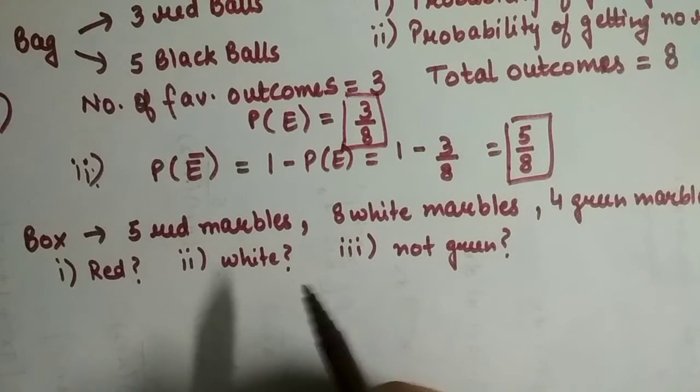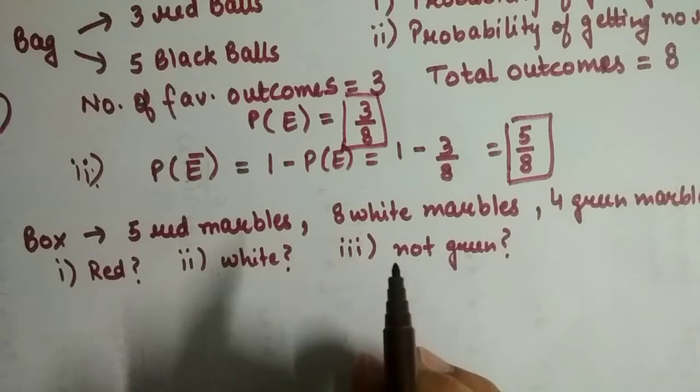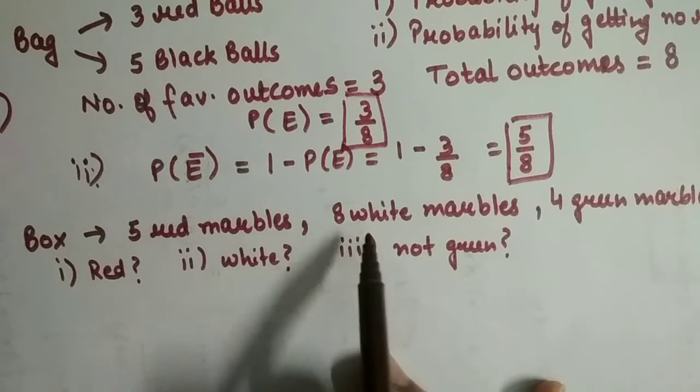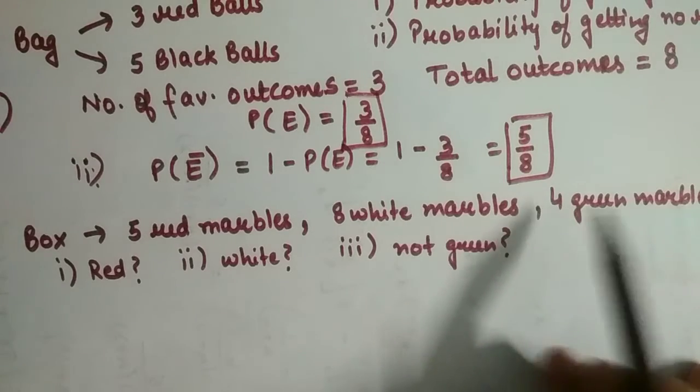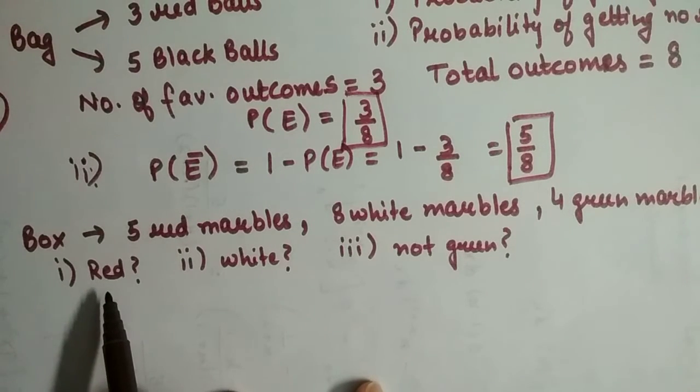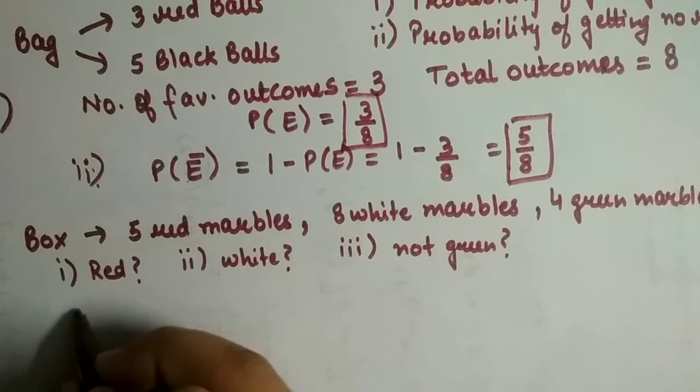Now the next question is also the same: the bag contains 5 red marbles, 8 white marbles and 4 green marbles. First of all, we need to find the probability of getting a red marble. Let us do this.